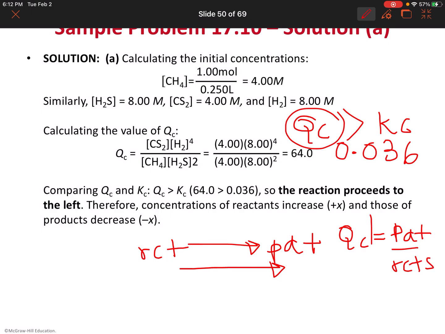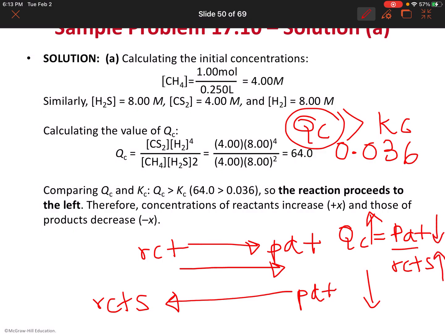Since this number is big, in order to make it a smaller number, the reaction should proceed to the reactant side now, from the product. So product amount needs to go down and reactants need to go up in order to make the Qc a smaller value.